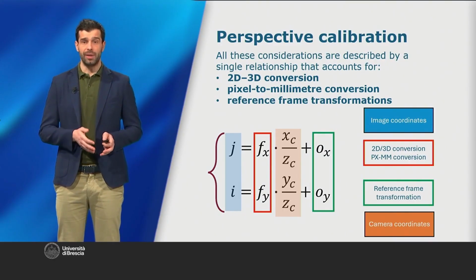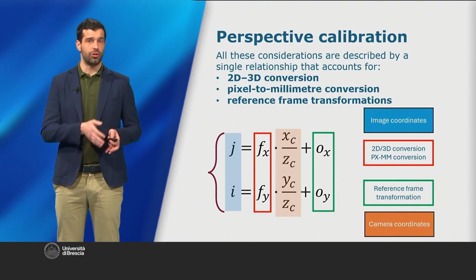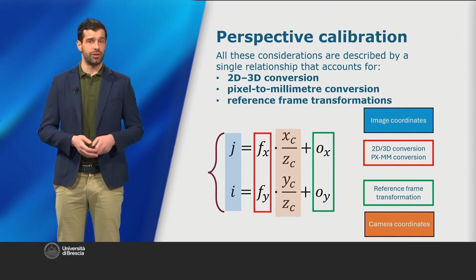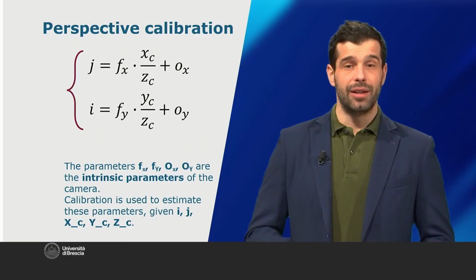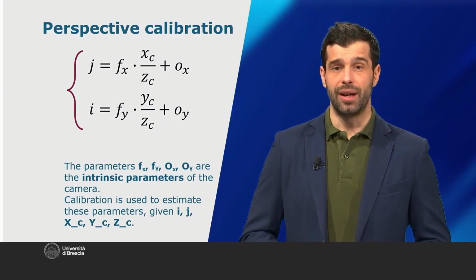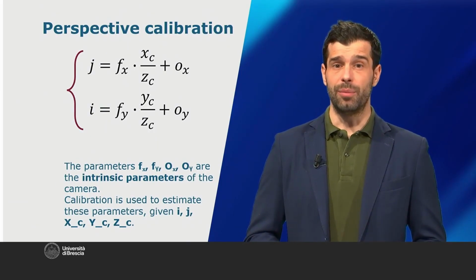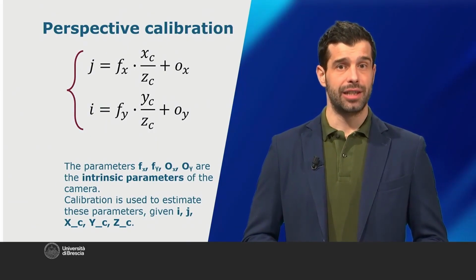To move from one domain to another, I use factors such as fx, fy, ox, and oy, which allow for 2D to 3D conversion, pixel to millimeter conversion, and shifting of the reference systems. fx, fy, ox, and oy are called the intrinsic parameters of the camera and can be obtained through the calibration procedure. To be able to determine them, i, j, xc, yc, and zc must be known. All of this concerns perspective or intrinsic calibration.